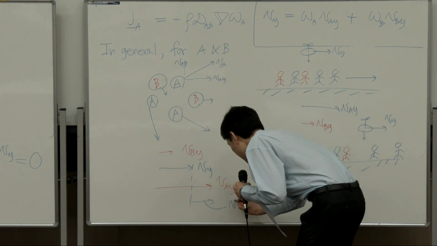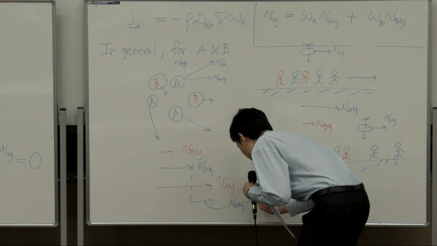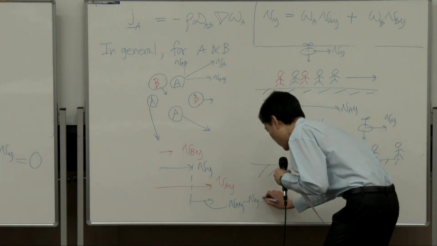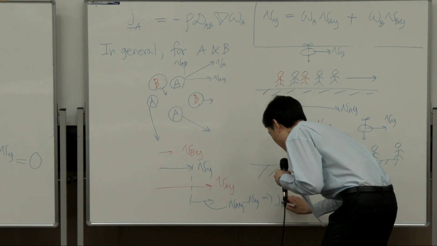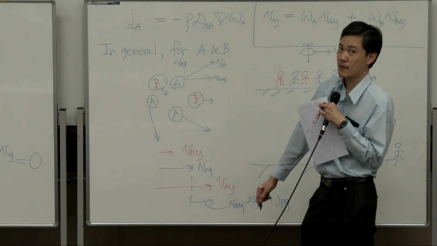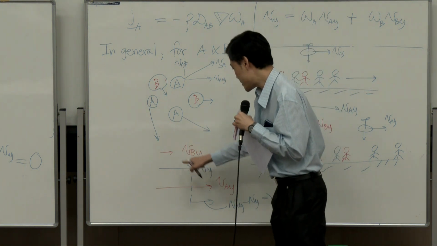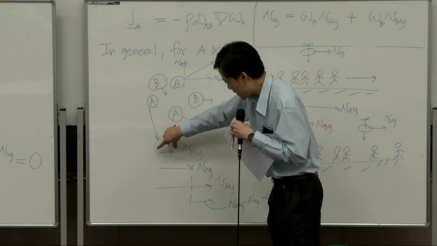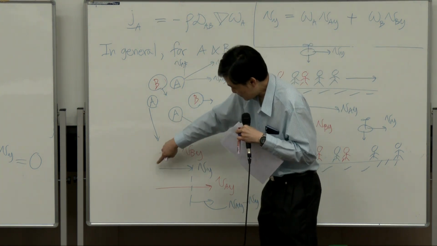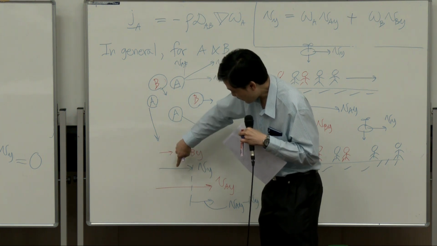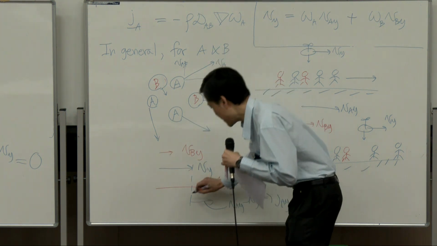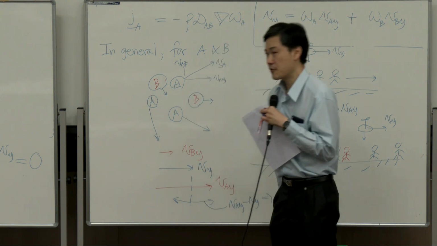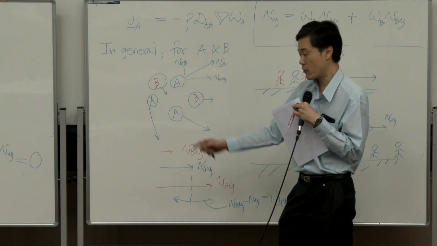So this is VAY subtracted by VY, which corresponds to the direction of JAY. On the other hand, VBY subtracted by VY, you take this VBY and reverse the direction of the arrow, and you see that the result is going backward.